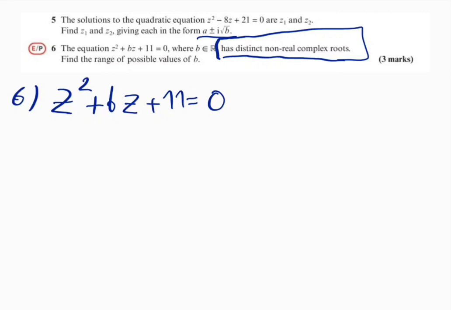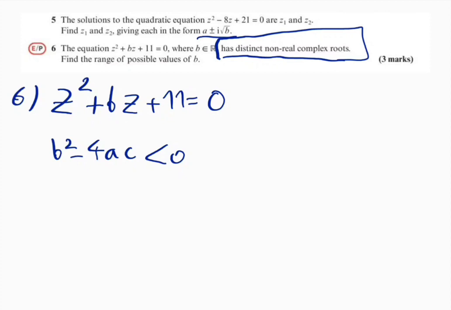Since the question is saying that this equation has distinct non-real complex roots, the first thing that should come to your mind is the discriminant. When the discriminant is less than 0, we will have two complex roots.